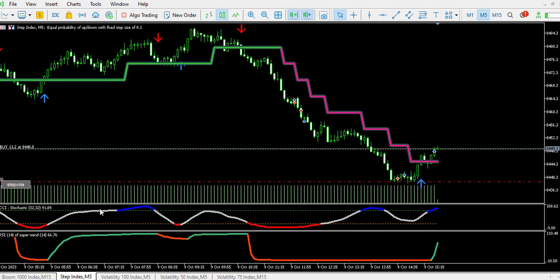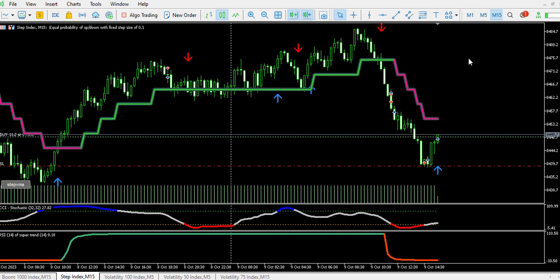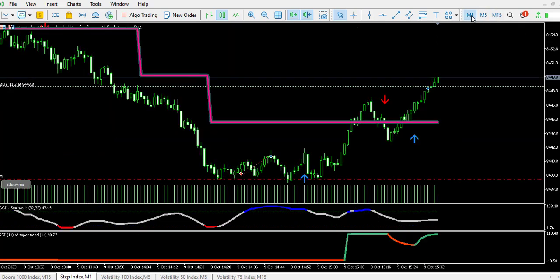This strategy can be used on any time frame you want, but if you are using it on the Deriv platform, I will advise you check 15 minutes so that you determine the direction of the trend before you take your trade. If 15 minutes is set, then you only take trades on the lower time frame, like 1 or 5 minutes.